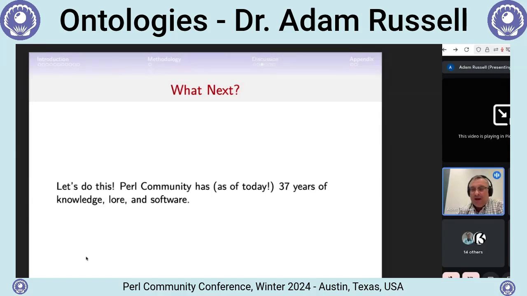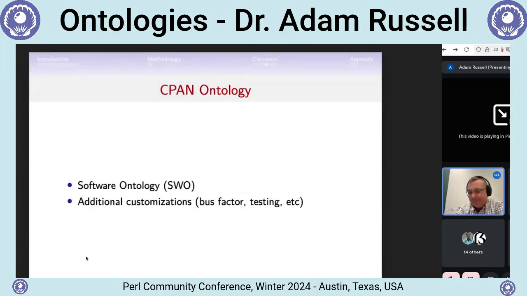So my point is that Perl is in and of itself a good source of information to be represented in this way. There's a lot of essentially test data. Perl itself is sort of like the knowledge laboratory. So how do we get started with this?